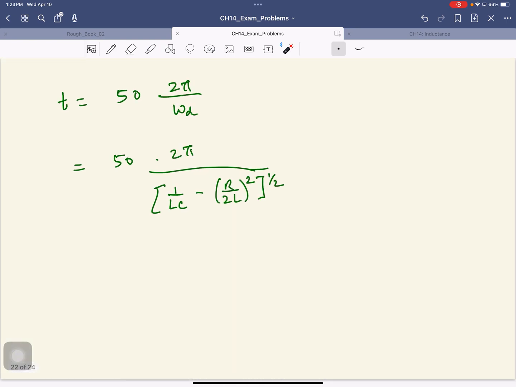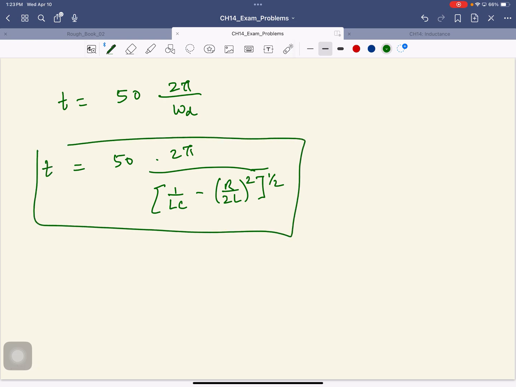So at this time, there's the time. You want e to the minus Rt, and t is this 100 pi.